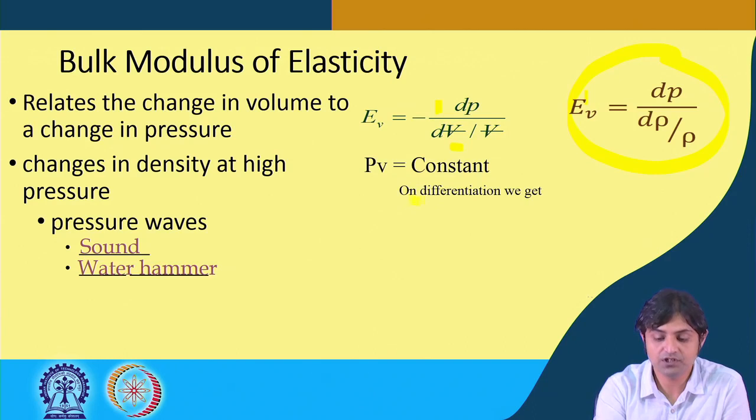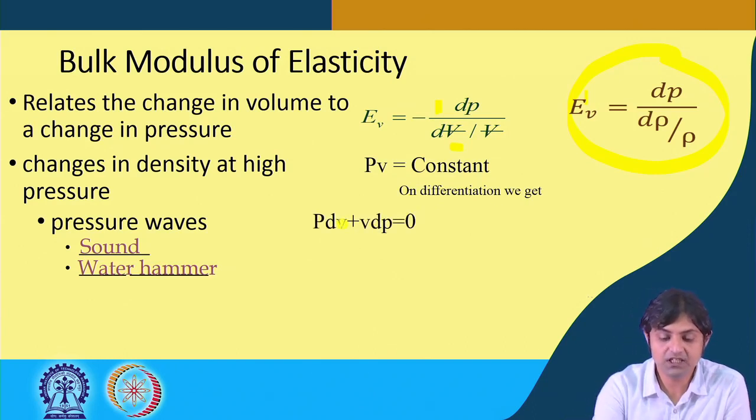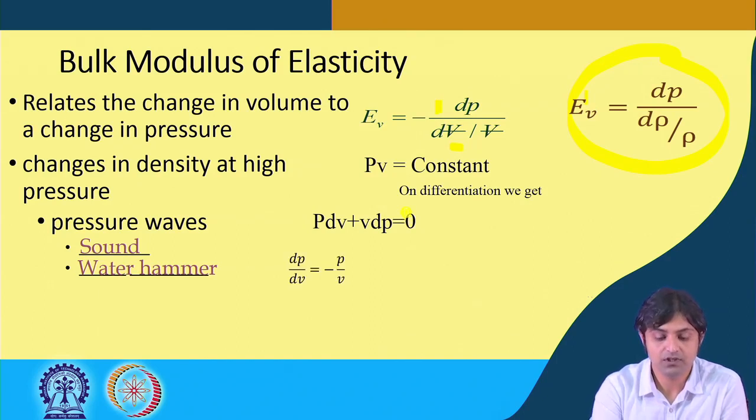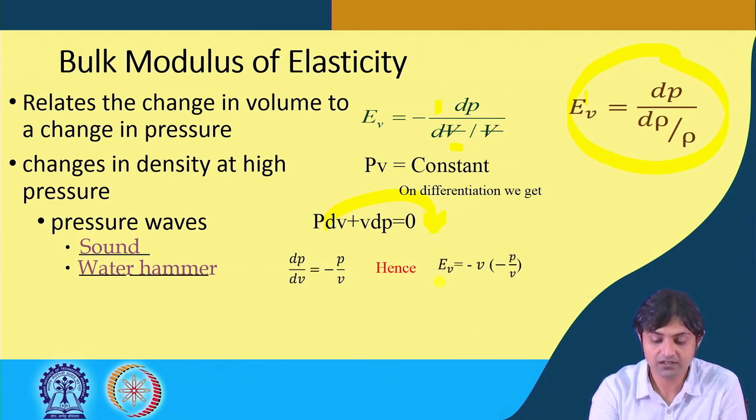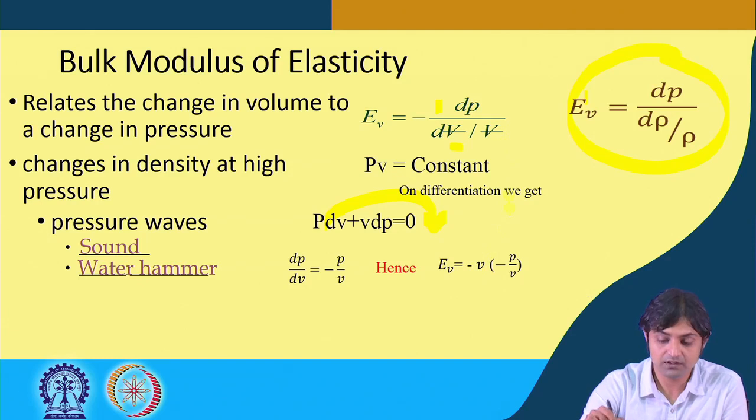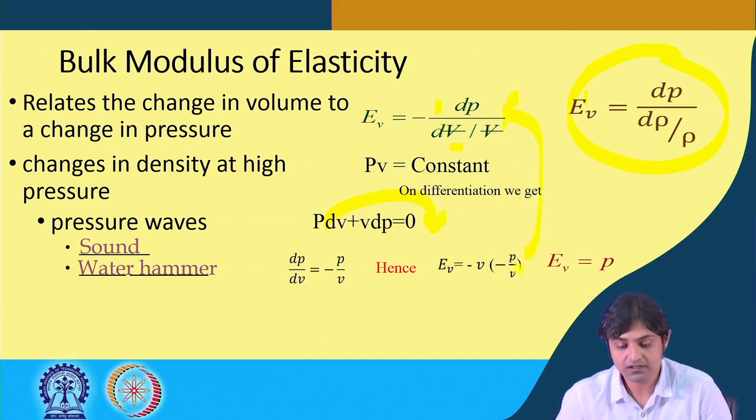So on differentiation we will get P dV plus V dP is equal to 0, and if you take P dV to the other side and do dP by dV, it comes out to be minus P by V. Hence Ev can be written as, if you use this equation and substitute the value of dP by dV, putting these two equations together we will get Ev as pressure in this case, okay.